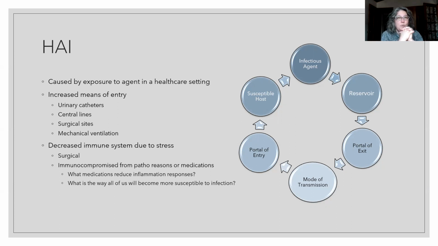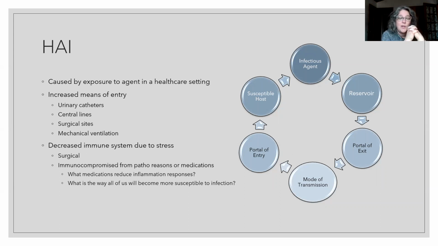So some different means of entry: urinary catheters, super duper common. And I know you talked about those in Term 1 Skills Lab and Term 1 Skills classes. Central lines, either the central lines in the subclavian, the IJ, the PICC lines, the ports, or femoral lines. More on those probably in Term 3 high acuity, but central lines are very common, as well as surgical sites.